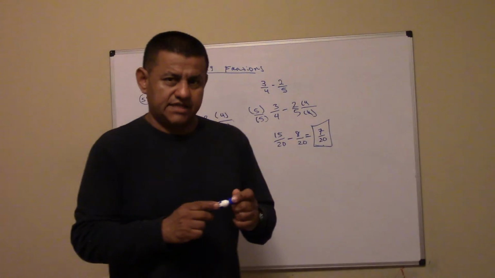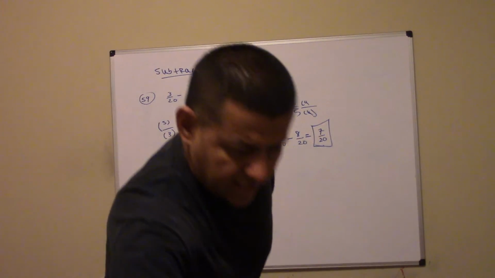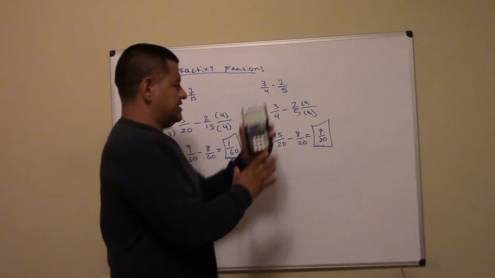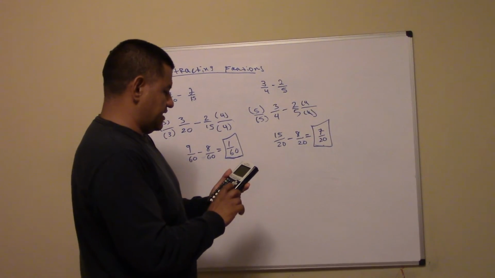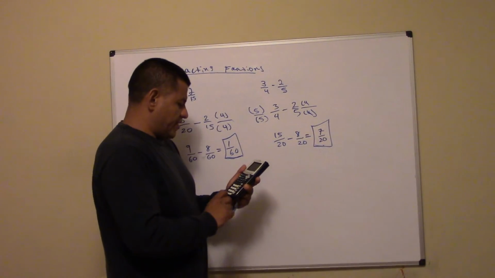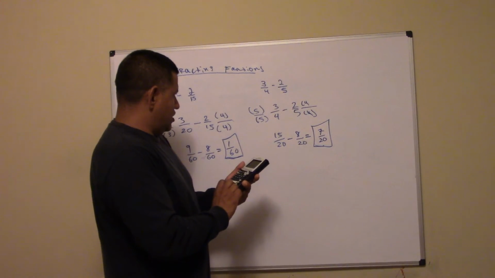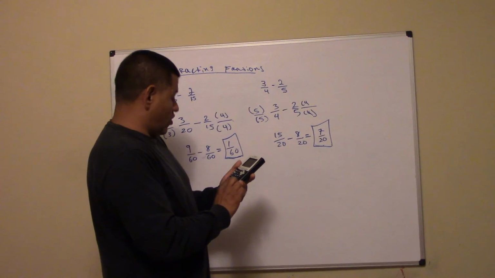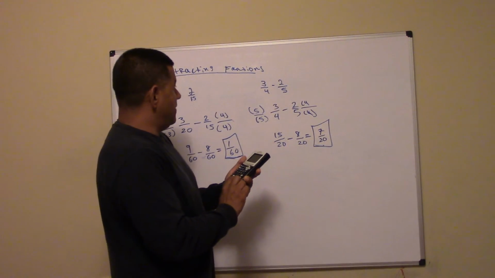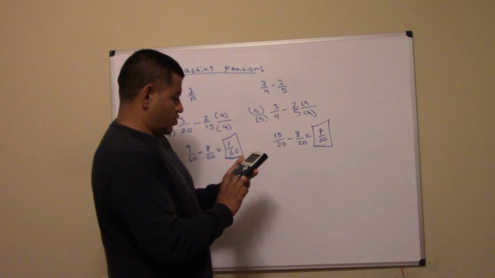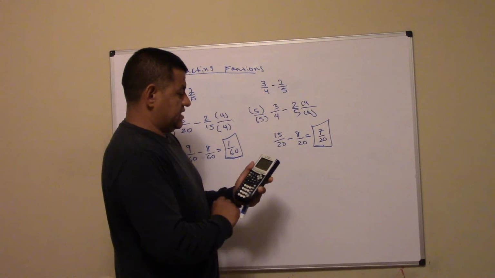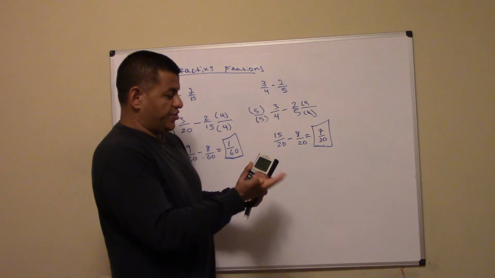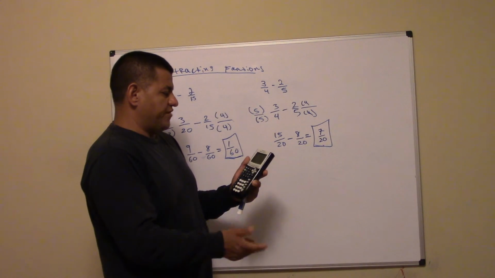To check this answer, we take the scientific calculator and we just do basic operations. We say 3 over 4 minus 2 over 5, and it equals 0.35.